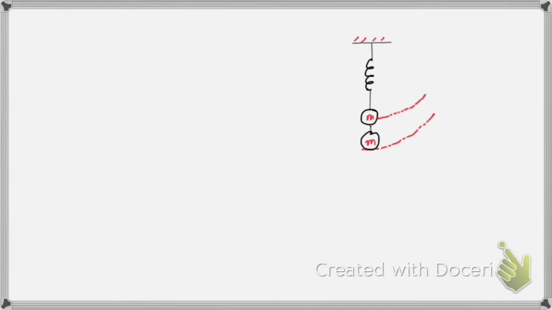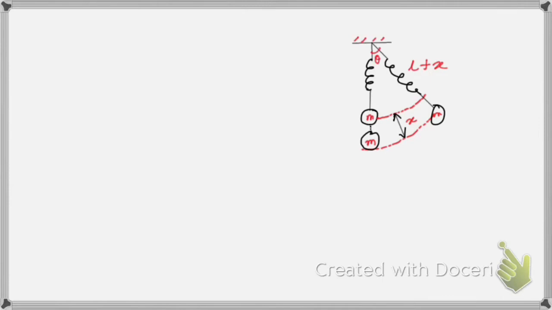Let us assume that this bob comes below and this is the end point. Suppose L is the length of the spring before extension and X is the extension, then its length becomes L plus X. Theta is the angle between these two positions.